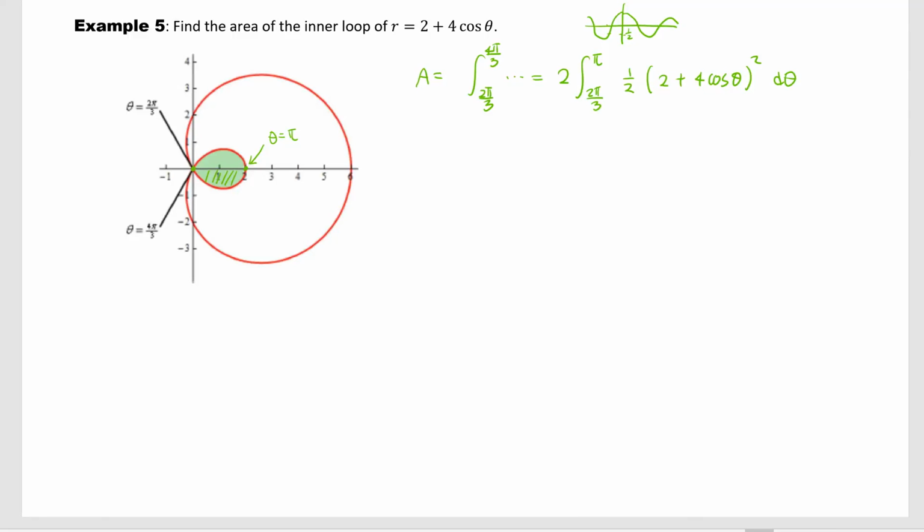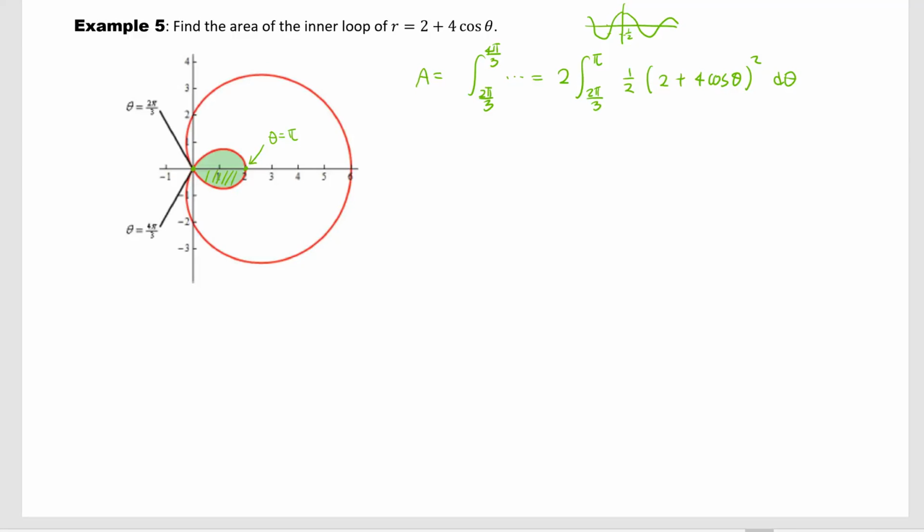So unlike our usual definite integral, if the function is above the x-axis, we get a positive area. When the function is below the x-axis, we get a negative area, and the net area is the definite integral. So sometimes the positive area can cancel with the negative area. But for polar, because the square is always positive, you always get positive area.